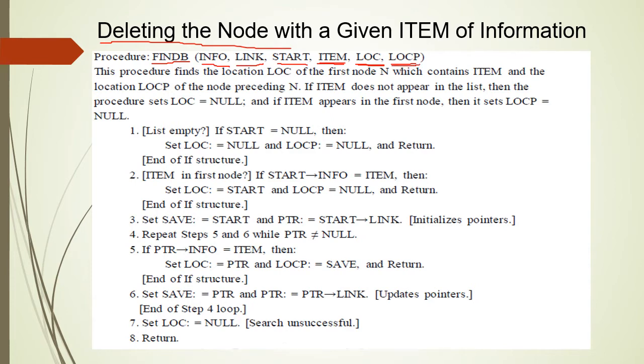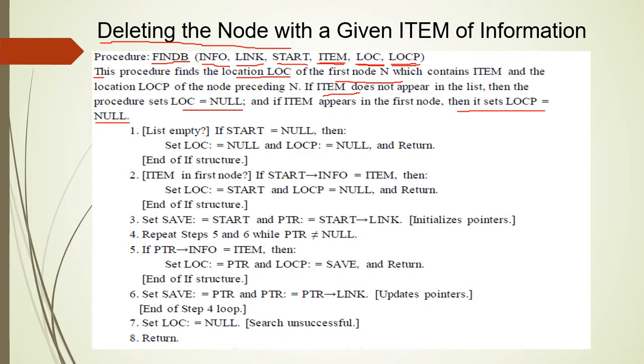LOCP receives the address of the predecessor node of the node which contains the key element. So this procedure finds the location LOC of the first node N which contains item and the location LOCP of the node preceding N. If item does not appear in the list, then this procedure sets LOC equal to null, and if it appears in the first node, then set LOCP equal to null.